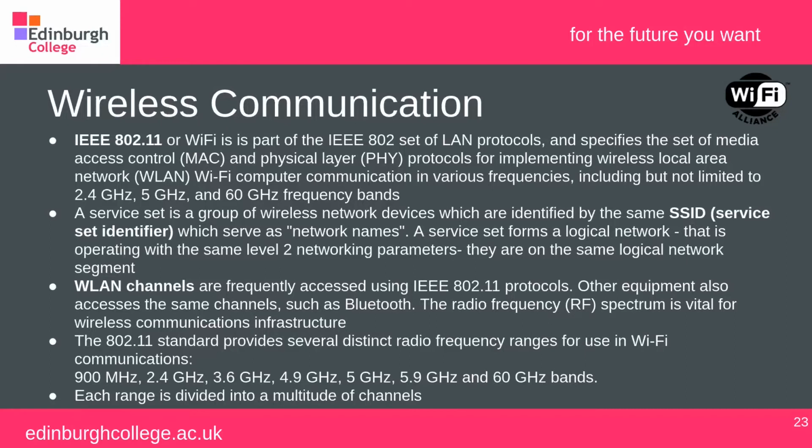So things we need to know for this course: an SSID is just what you can think of as a network name. When you go into a coffee shop and they have coffee shop Wi-Fi, that is the SSID. The service set identifier is the fancy name for it. Really, it can just be called the network name.